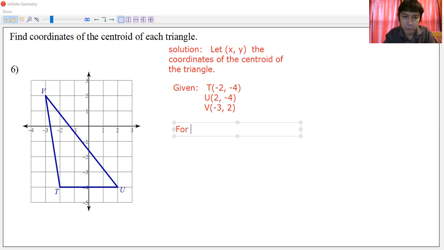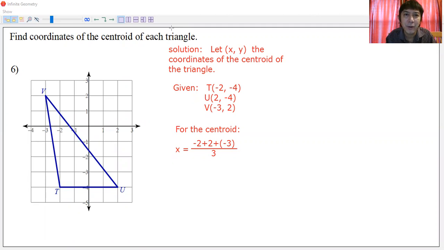We have x is equal to negative 2 plus 2 plus negative 3, and then we divide this by 3.